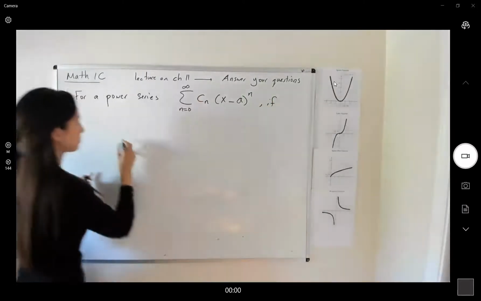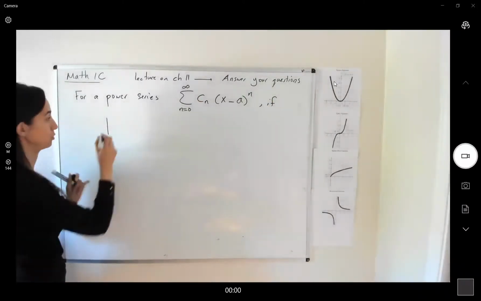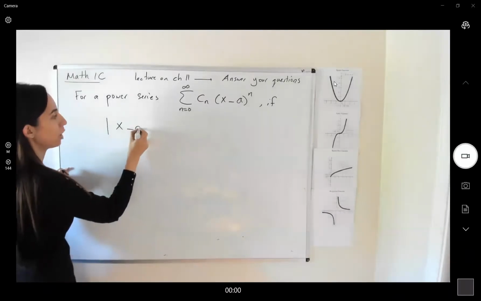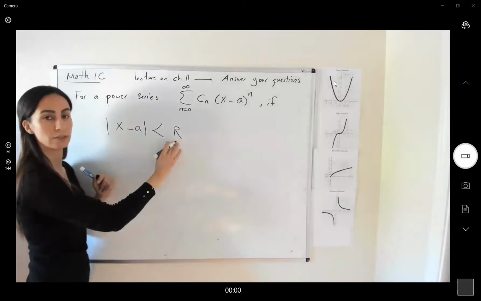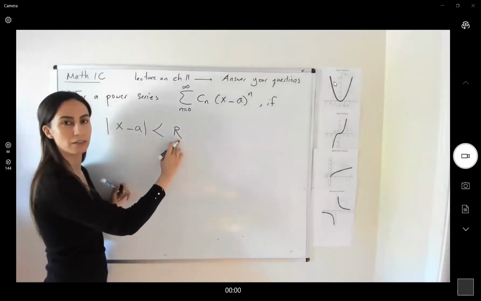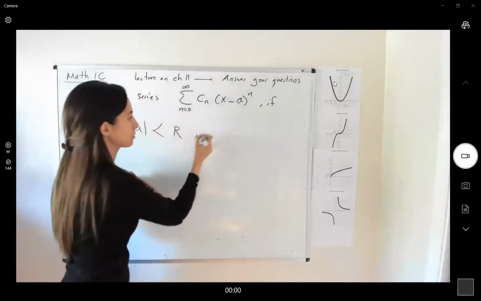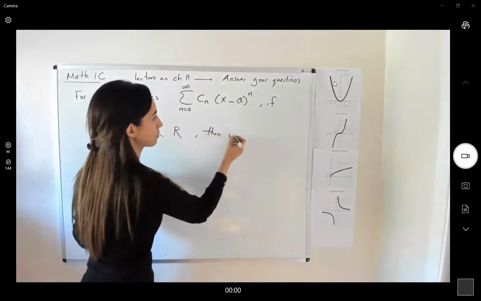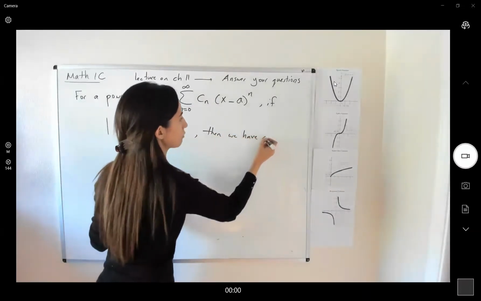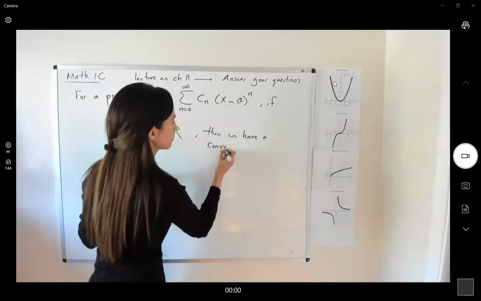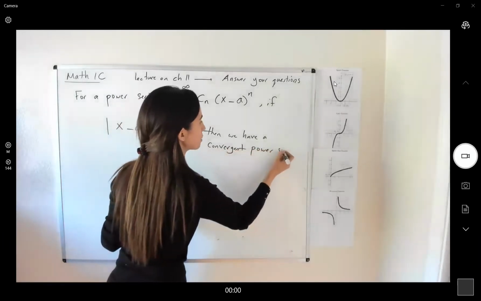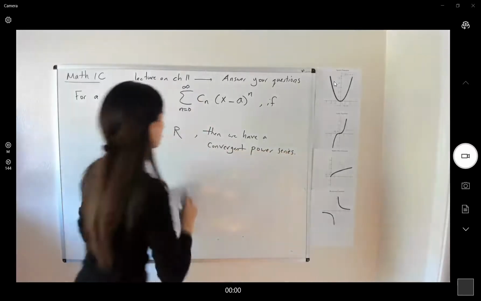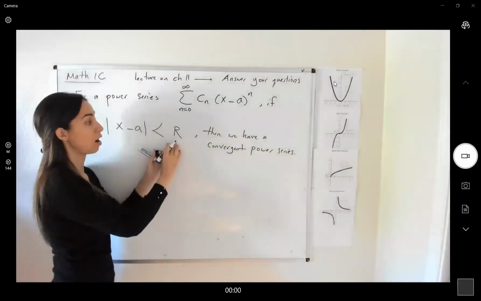If the absolute value of x minus a is less than a constant, a number like R, then we have a convergent power series. So how do we find this R?